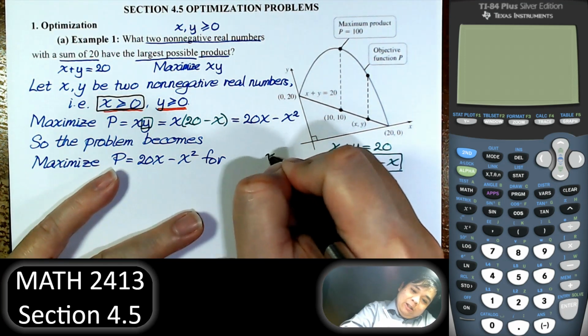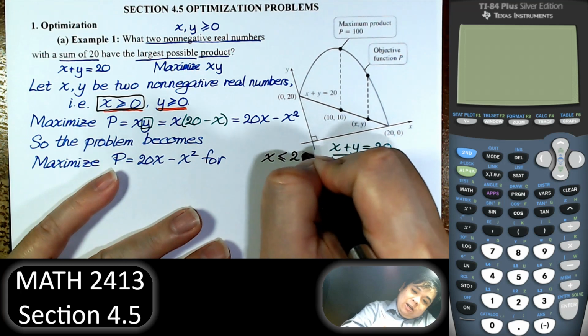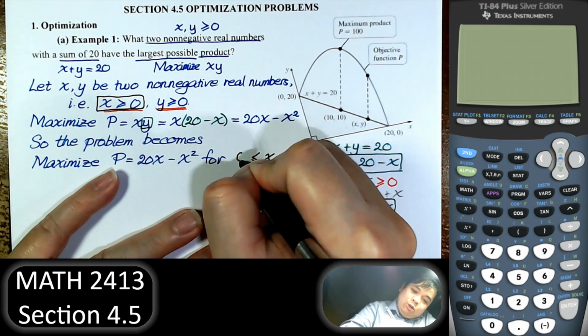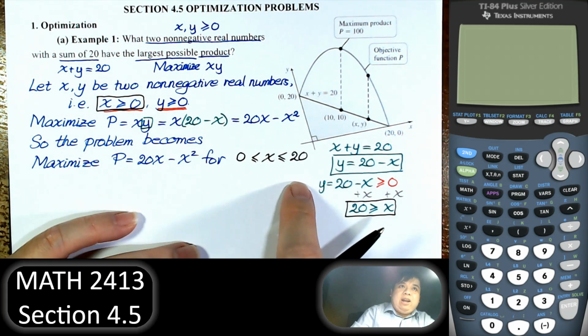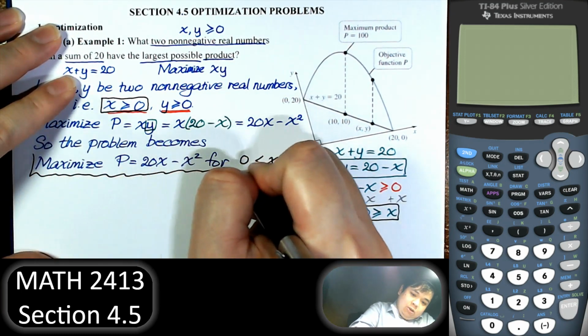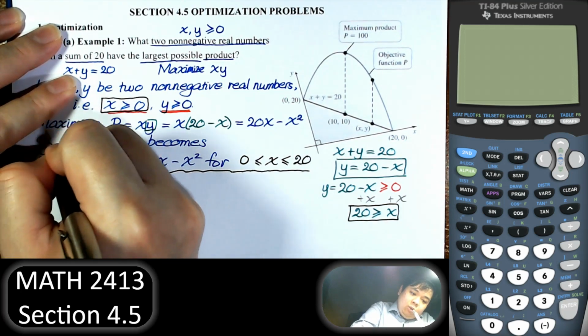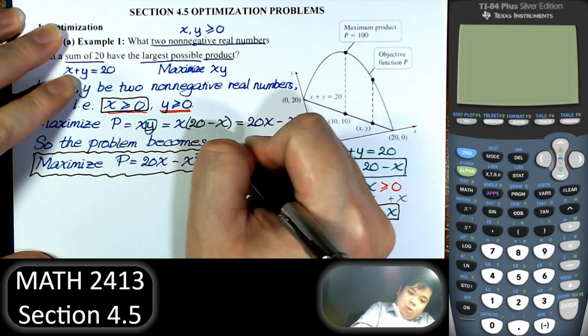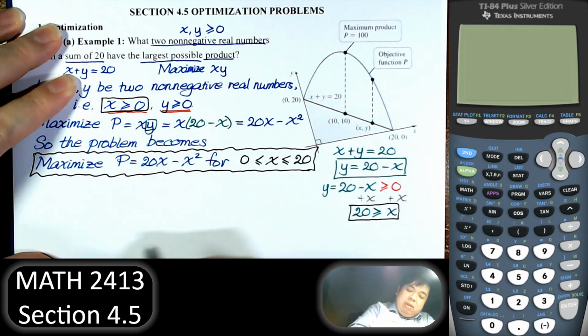So we have a closed interval for x, and that is our problem. Now we have translated a word problem into a math problem.